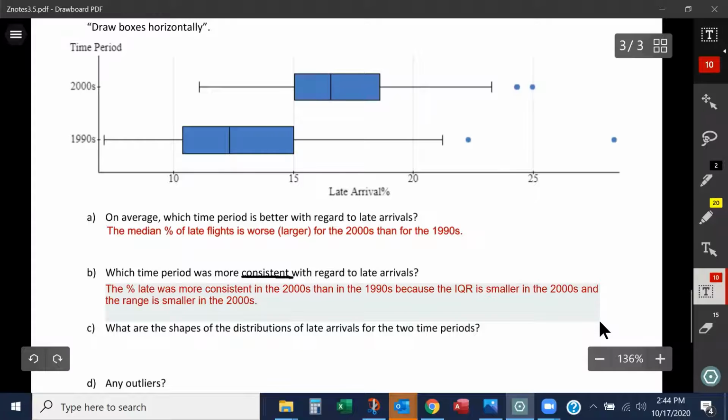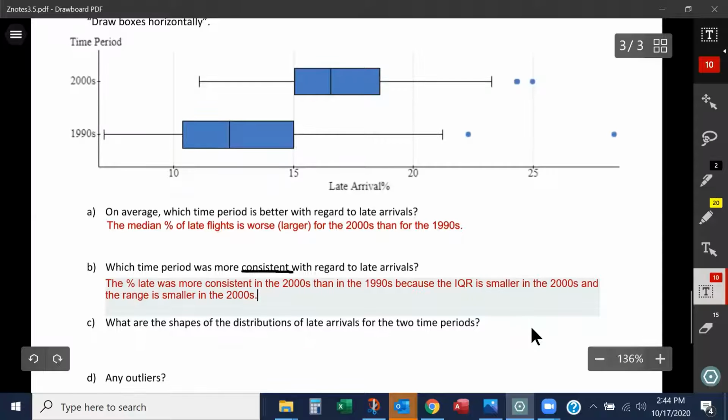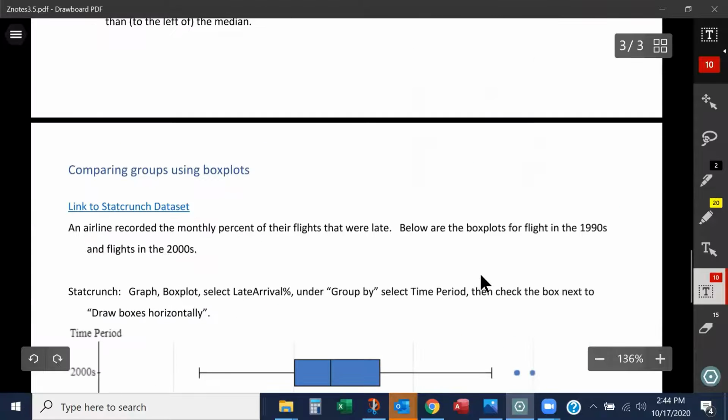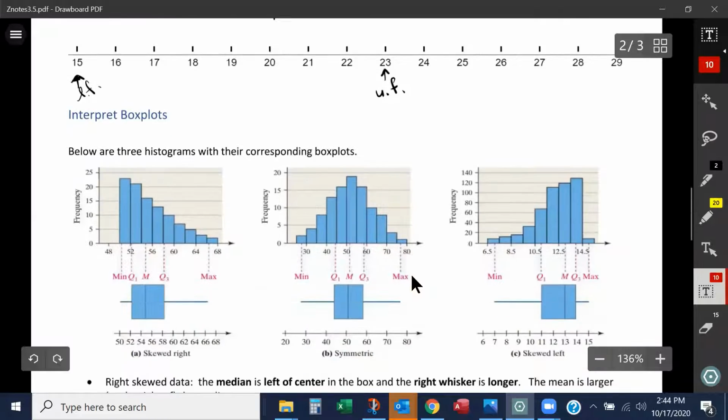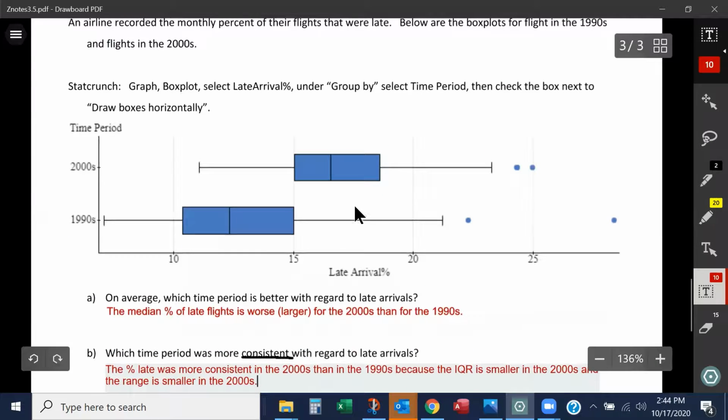All right, next question says, what are the shapes of the distributions of late arrivals for the two time periods? So again, this is what we were just doing with these graphs. If I look at the 2000s, my median is left of center.